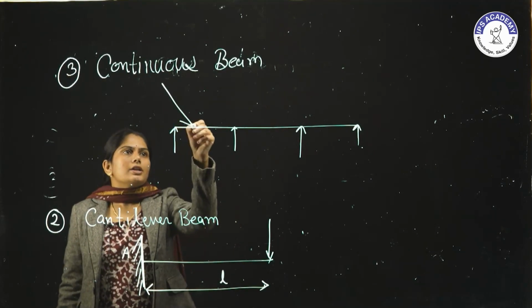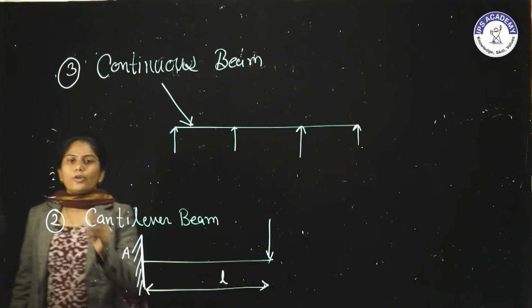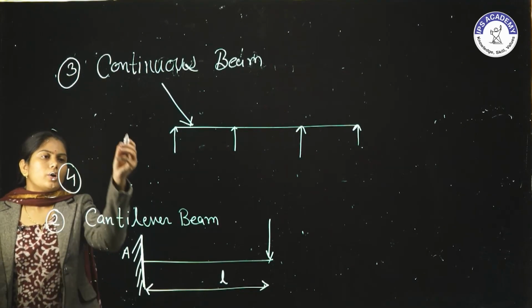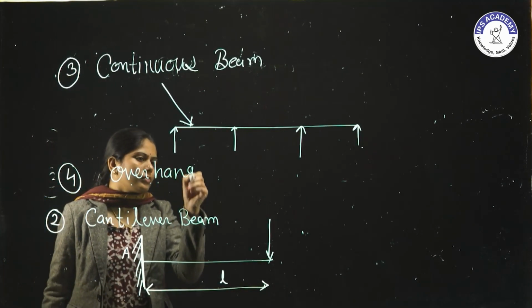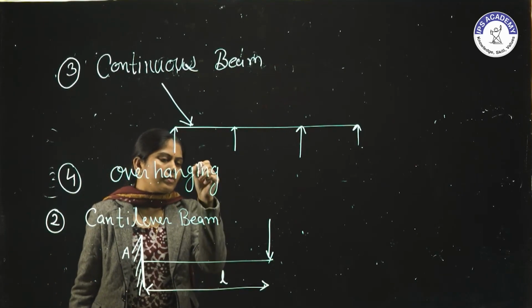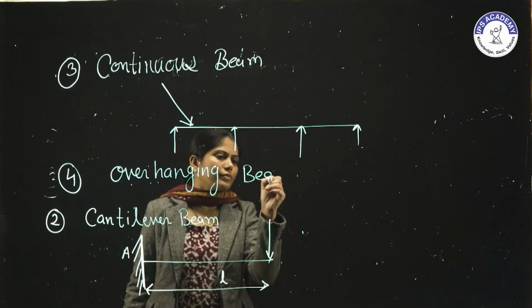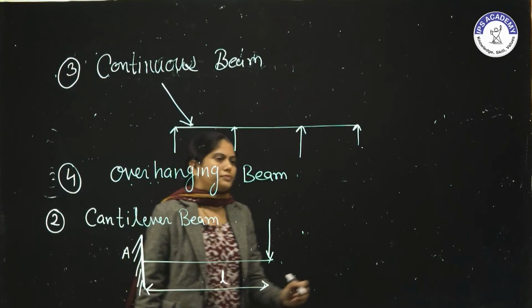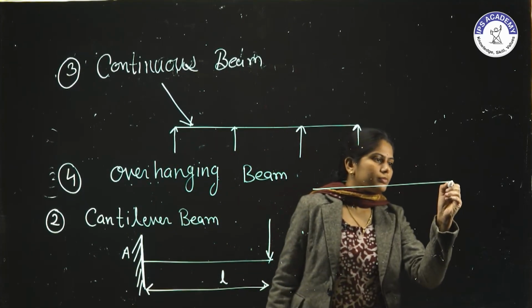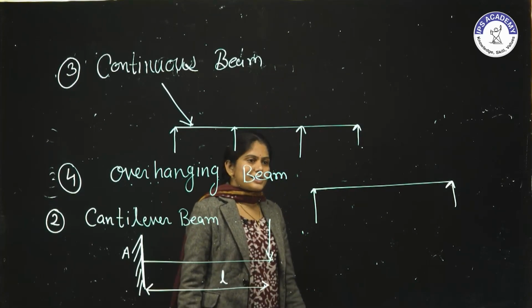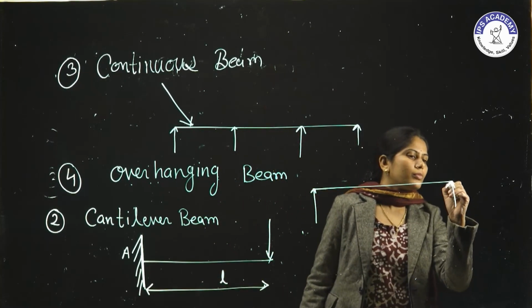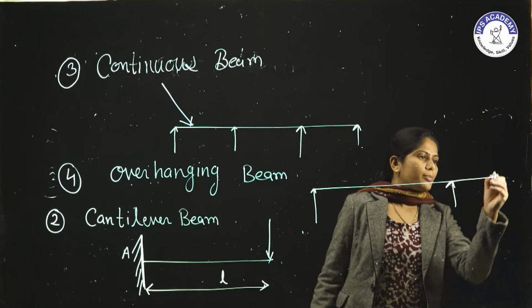This is the continuous beam. Now fourth, overhanging beam. This is the simply supported beam projecting beyond the supports.